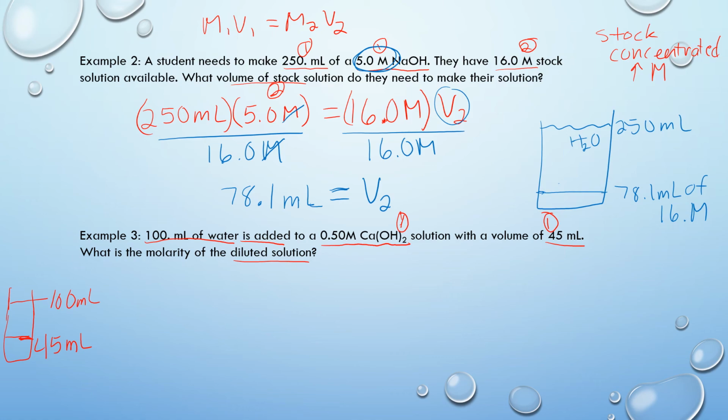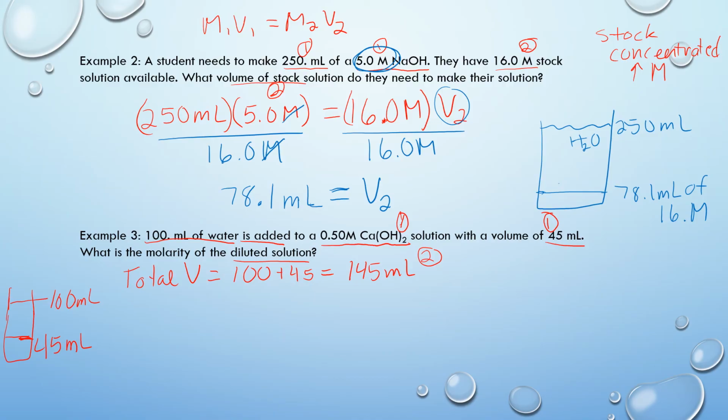So our final volume, our total volume, is 100 plus 45, which gives us 145 milliliters. That is our new volume. And we want to know what our new molarity is when we do that.